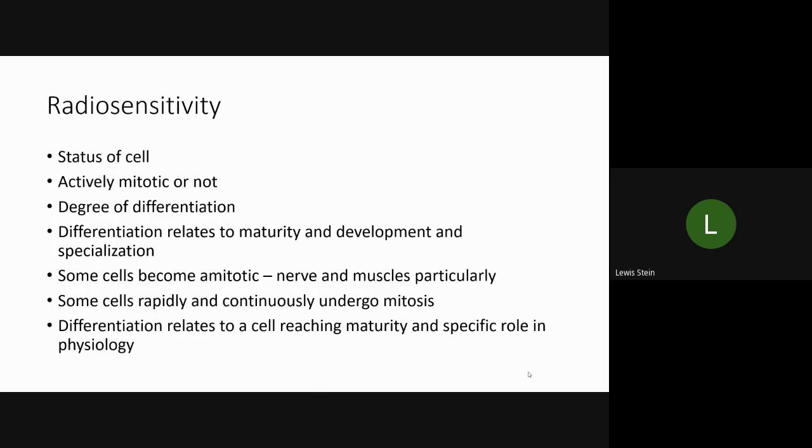Whereas the opposite, what we call less differentiated or undifferentiated cells, continually, rapidly grow. And these are the means of replacement. All those epithelial cells I went over with you last time are like that. Okay. They're continually undergoing mitosis. They have a limited lifespan. They slough, for the most part, the lining cells.